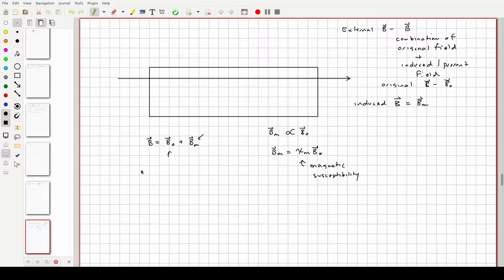So the field that you would measure, which would be a combination of the field that you pass through and the magnetic effect of aligning the atoms, is going to look like this. And you can just pull the B naught out, like that.